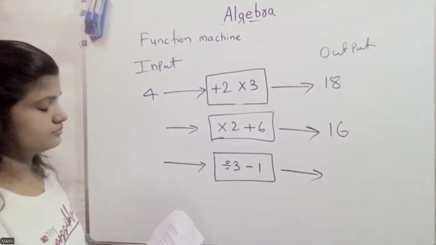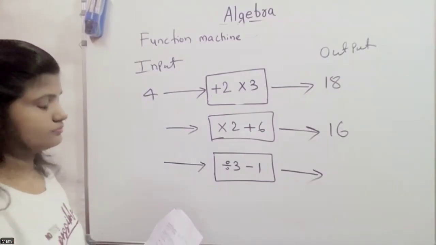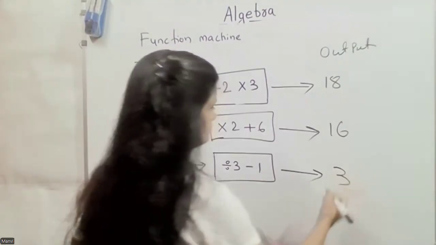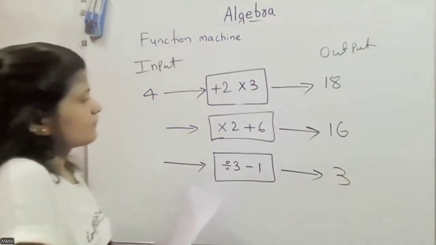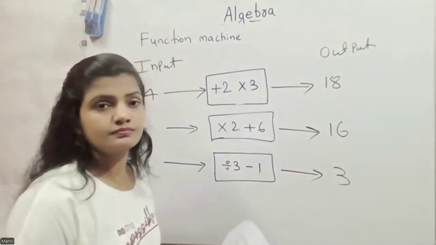6 take away 6, which is 10. 10 divided by 2, which is 5. Is it 5? Yeah.